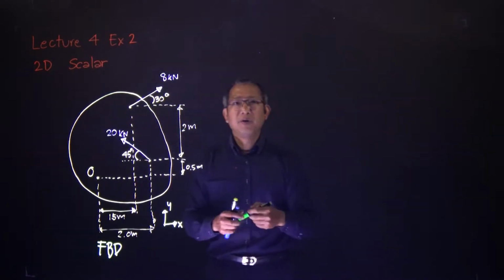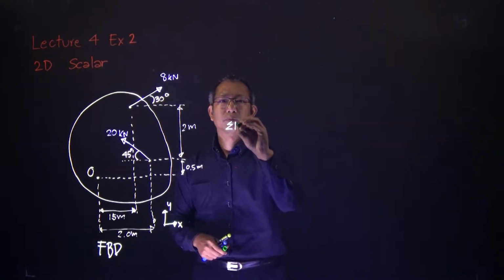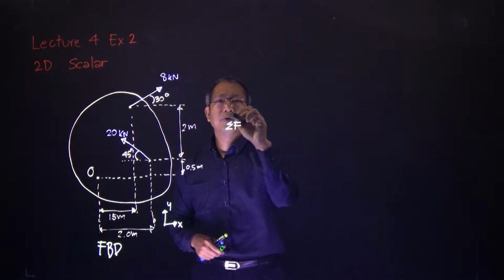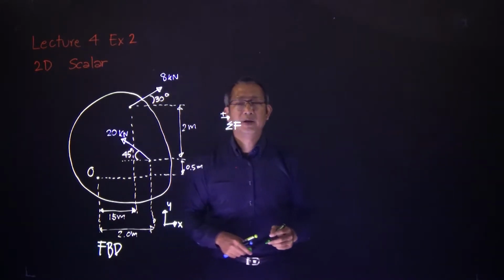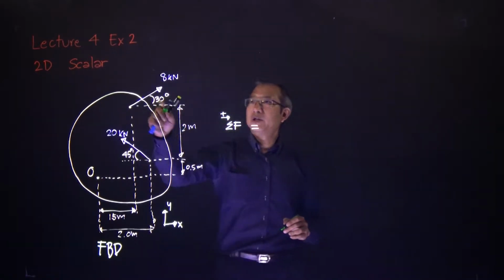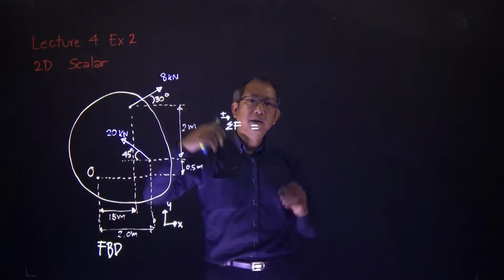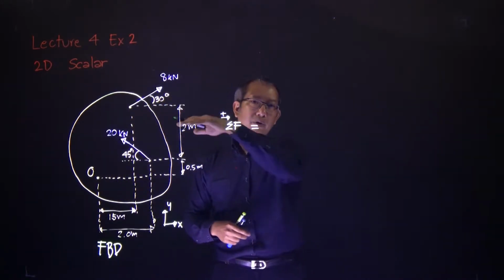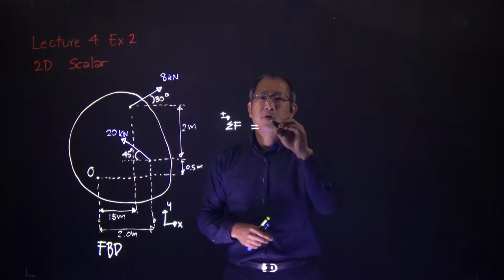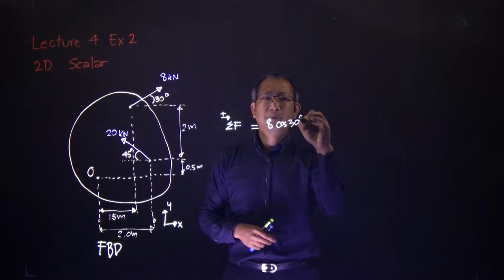Again, we start off with sigma Fx. We assume that this resultant is right hand side positive here. Then, the first one we look at is the 8 kilonewton. 8 kilonewton is going up and right, therefore this is x, we care only about the right, therefore it's positive 8 cosine 30 degree.